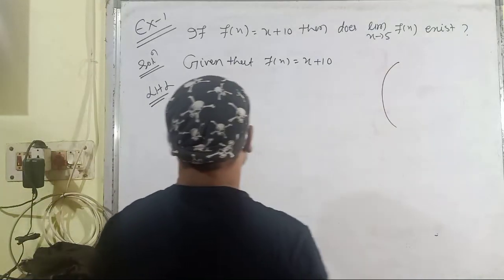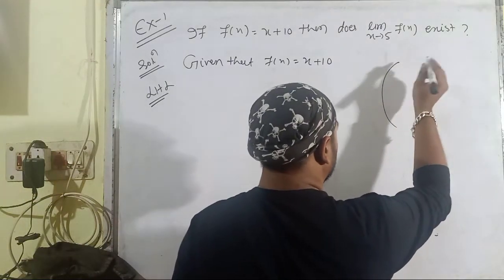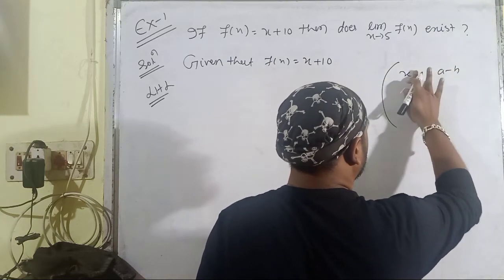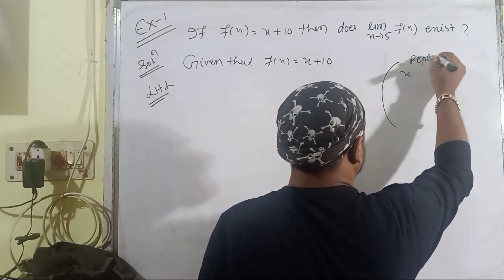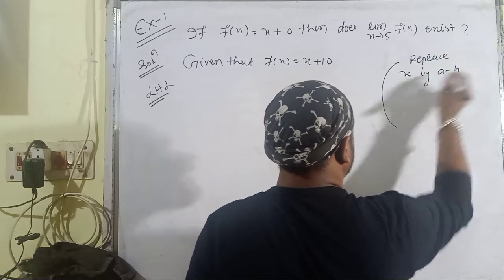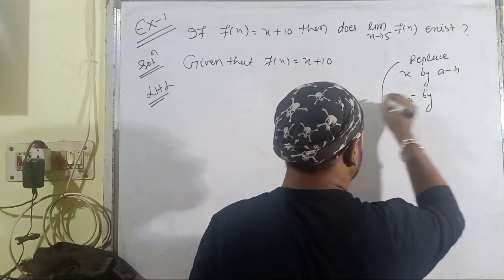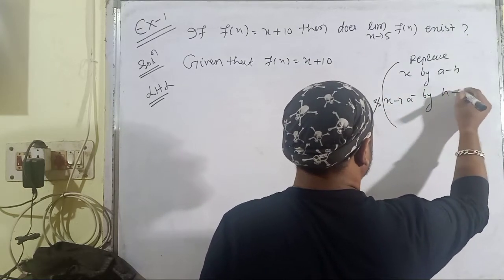For the left hand limit, the replacements are, we have to replace x by a minus h, and x tends to a minus is replaced by h tends to 0.